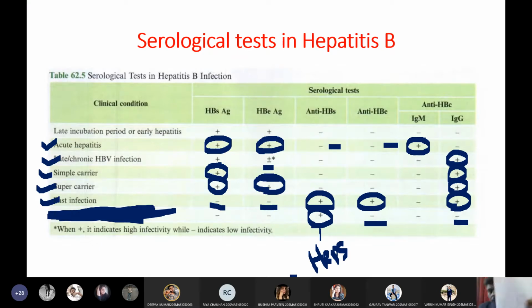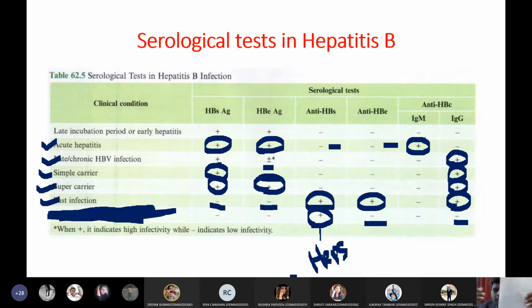See here. This rapid hepatitis test card, rapid diagnostic kit, immunochromatographic technique, or lateral flow test, these are all the same.